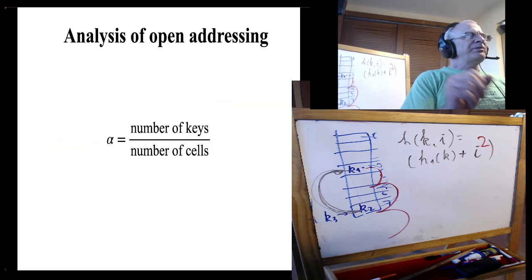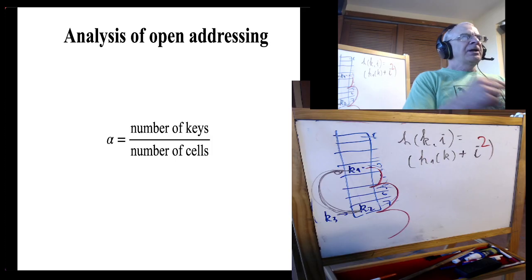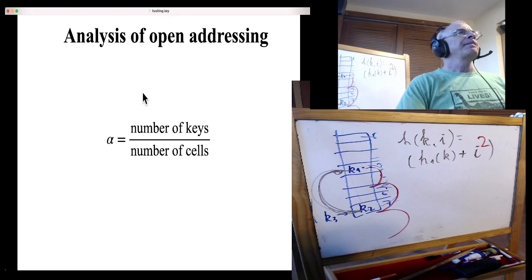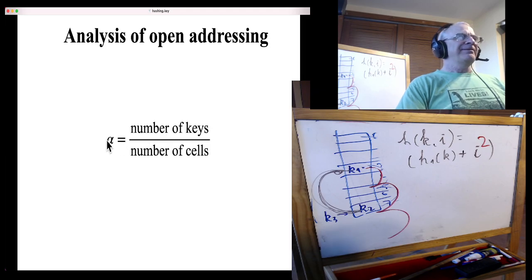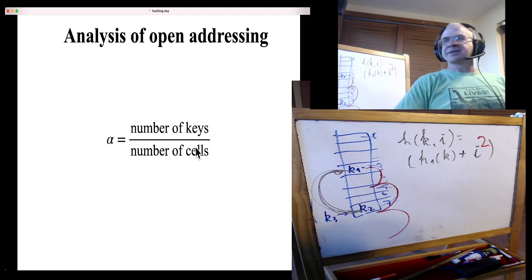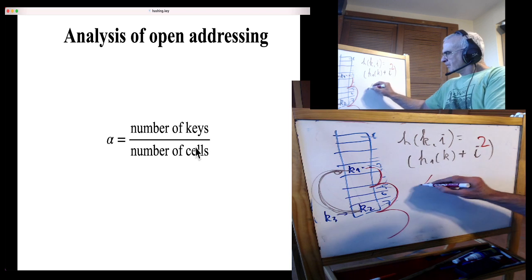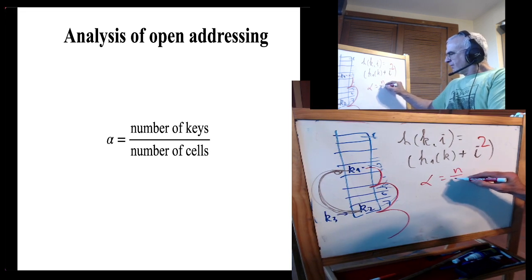Okay, moving along. What do you want to keep under control when you're creating an open addressing? Well, to remind you, there is the alpha, the load factor. Alpha is the number of keys divided by the number of cells in the table. Right? Alpha is n over m.